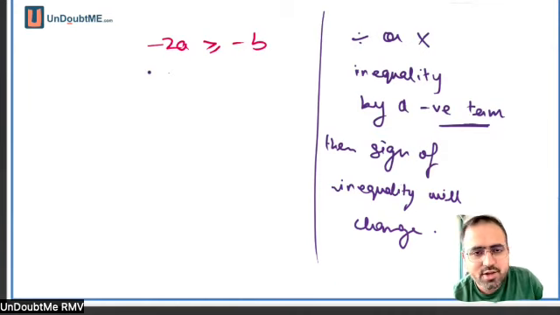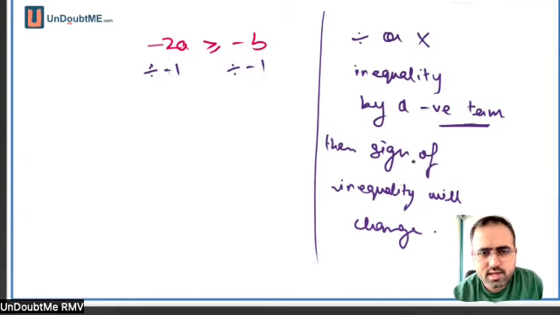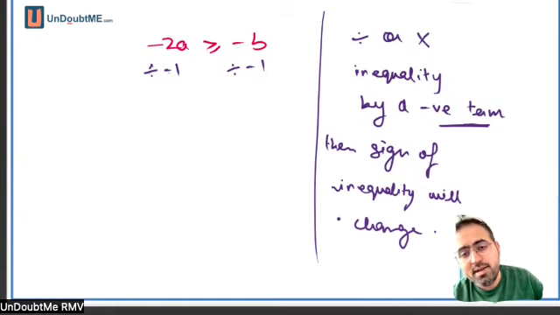So negative divided by negative will become positive. So I'll just divide both sides by -1. What is the rule? If it is divided or multiplied by a negative term, then the sign of inequality will change.